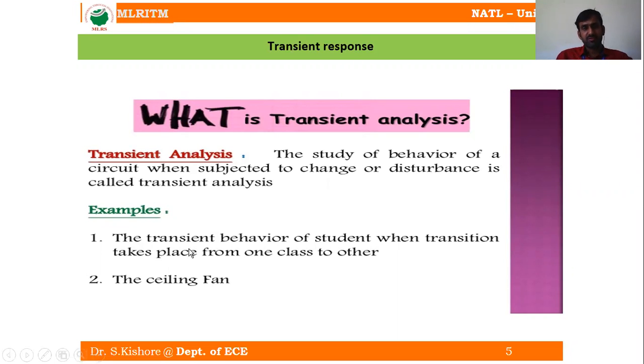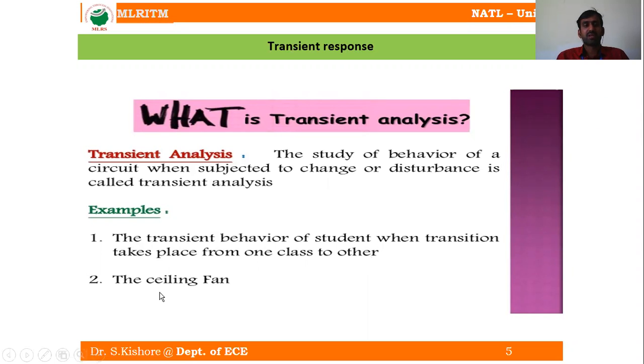Let us first speak about general examples of the transient. We can consider the behavior of a student when the transition takes place from one class to the other. These are literal examples.